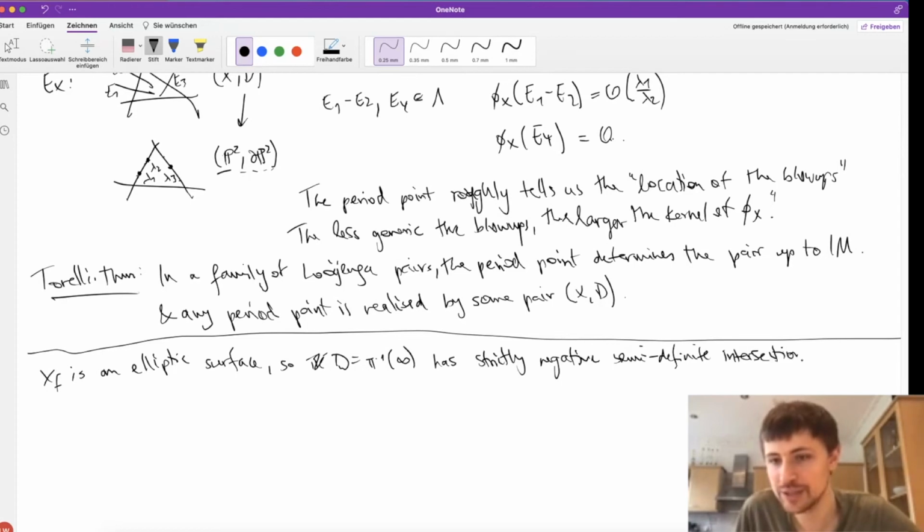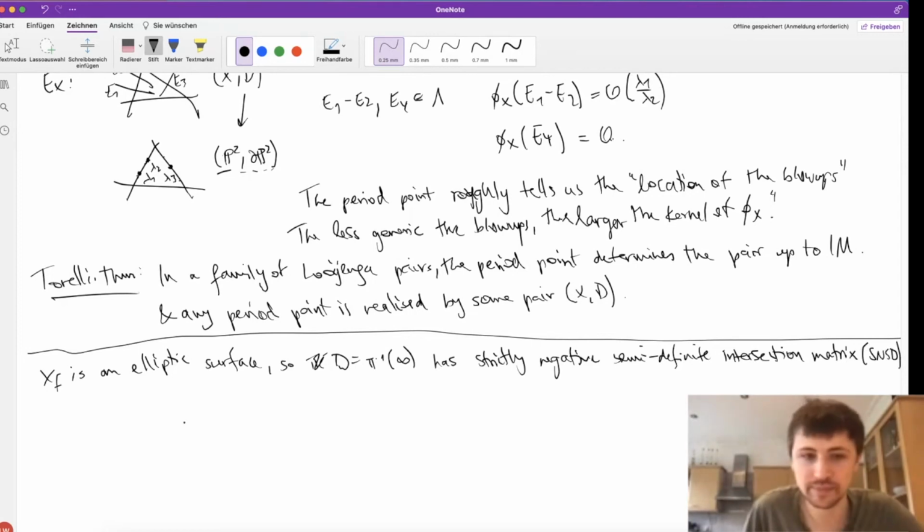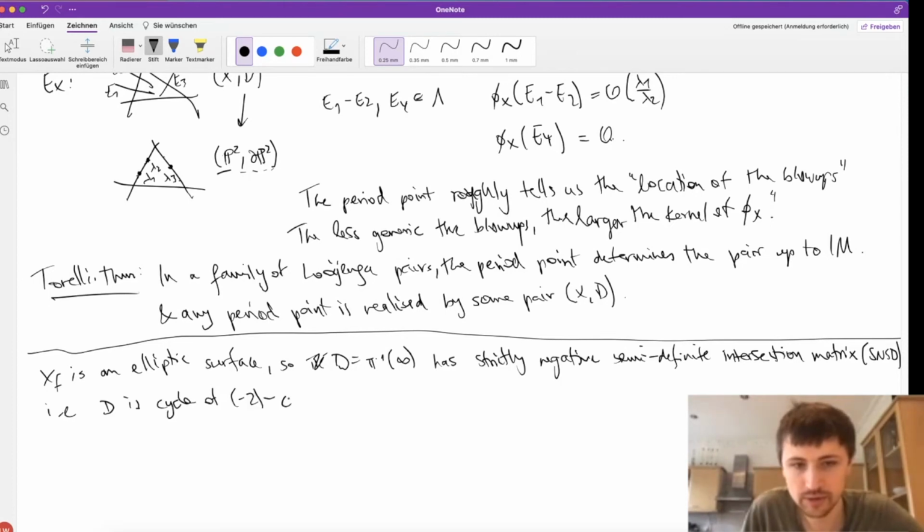And in English, this just means the following. I'm going to abbreviate this as SNSD: D is either a cycle of -2 curves or an irreducible nodal curve.